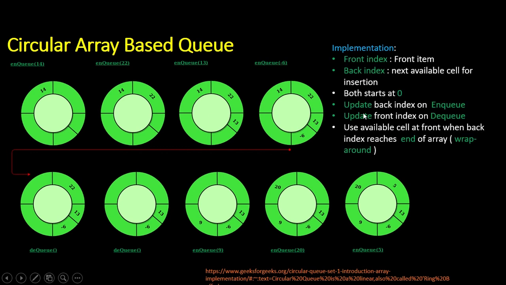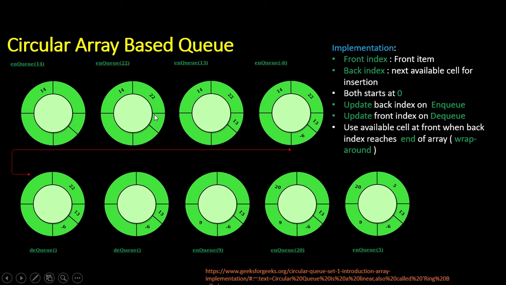Okay, so you update the back index on enqueue because you add, just like here, you enqueue 22. When you enqueued 14 here, the back index moved to the next available cell, which is this one. So when you enqueue 22, it moves again. It's now right here.